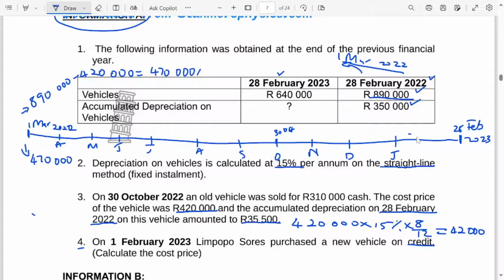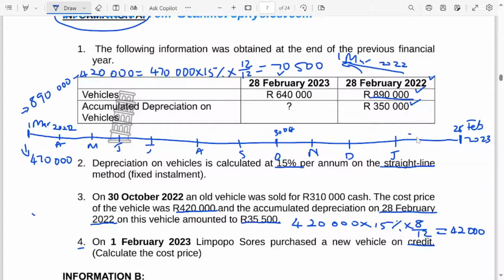So we're going to say multiply by 15%, multiply by 12 over 12 because we're using a cost price method. So it's going to be 470,000 multiplied by 15%. That is going to be 70,500. Right?